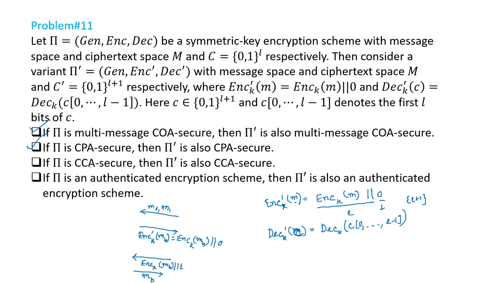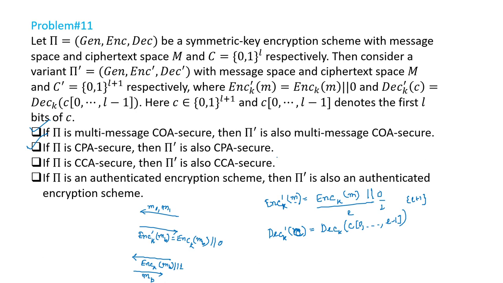So although pi is CCA secure, pi' is not at all CCA secure the way pi' is defined here. You can easily exploit the decryption oracle to know which underlying plain text among m0 and m1 is encrypted as the challenge ciphertext.